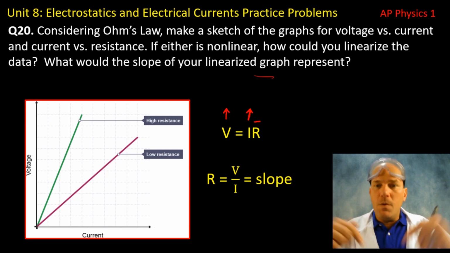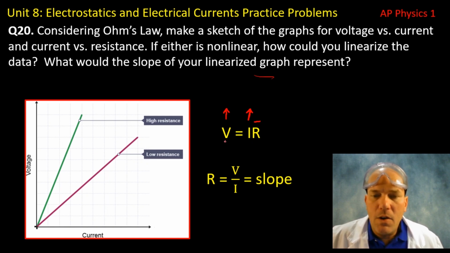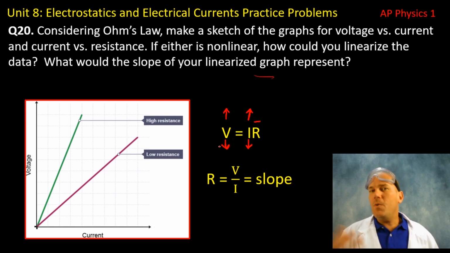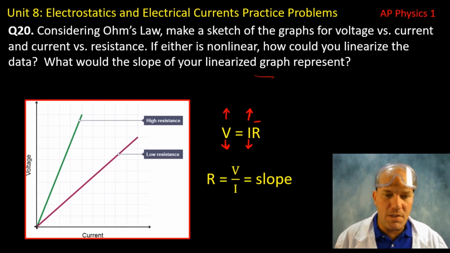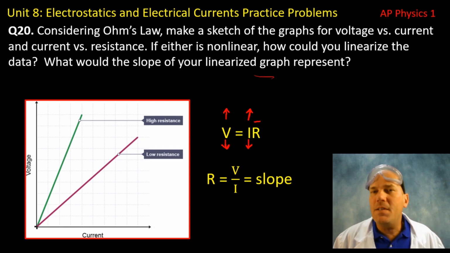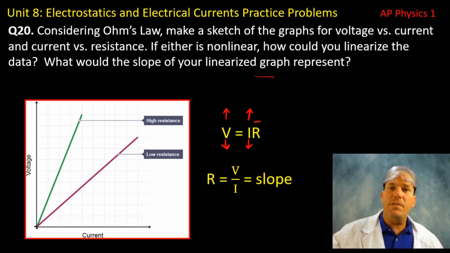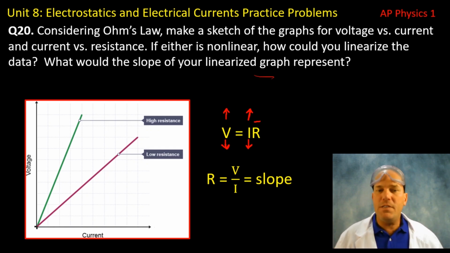If the voltage goes down, the current will go down. So we know these to be a directly proportional relationship. So when we graph this information, we would expect to see a graph with, in this case, as current is increasing, voltage is increasing, a positive constant slope.